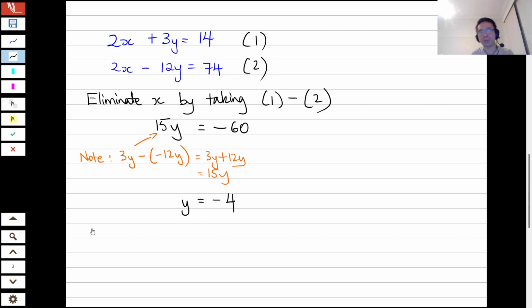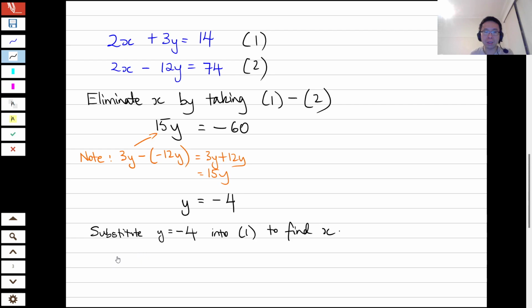And now I can substitute this value for y into either equation 1 or equation 2. It doesn't matter which equation I choose, I'll get the same answer. I'll just pick equation 1 because it's plus y, so it's a bit easier. So substitute y equals negative 4 into equation 1 to find x.